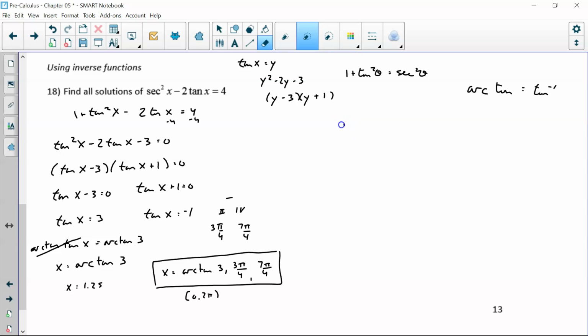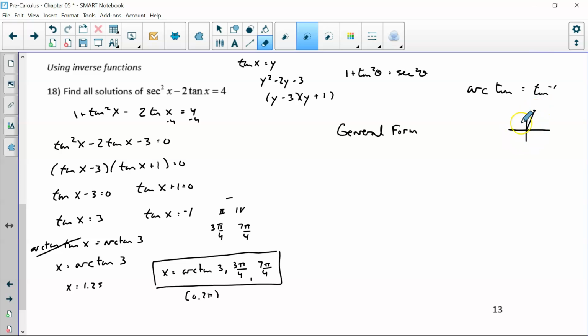Now, for our general solutions, for that general form. Now, think about the unit circle. Here's our 1.25 radians, about there.